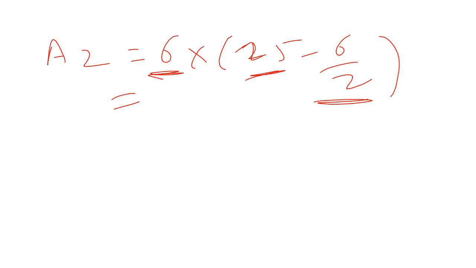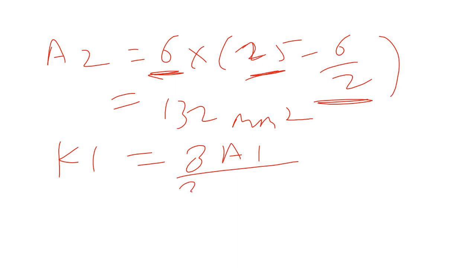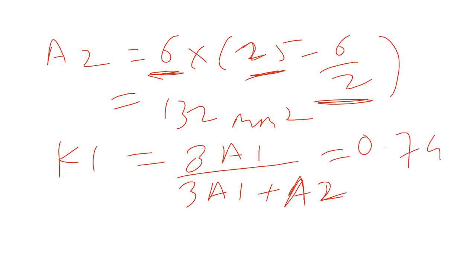So this will come to 132 millimeter square. Once you have these two, we can find out K1: plug in the values in 3A1 divided by 3A1 plus A2, and our K1 factor will come to 0.746.